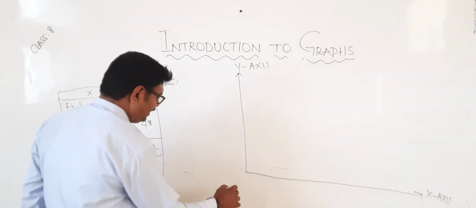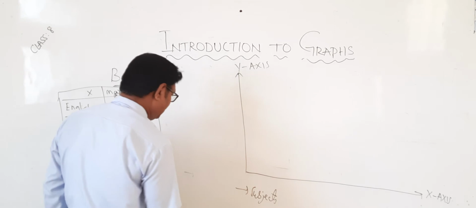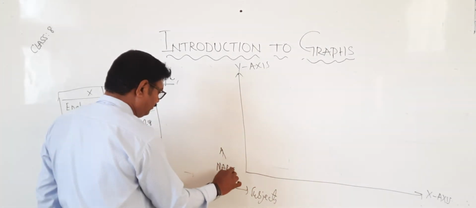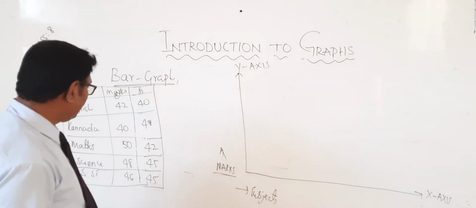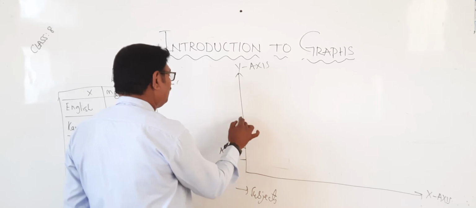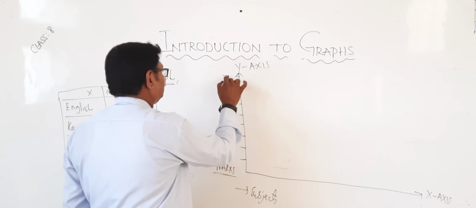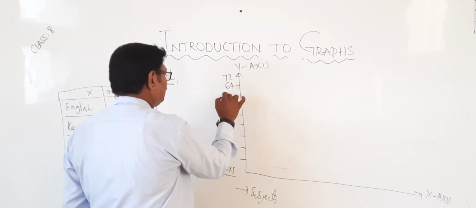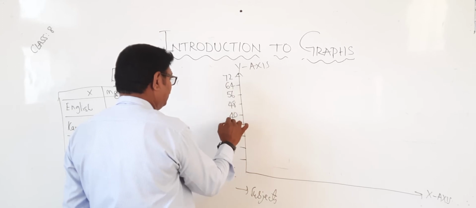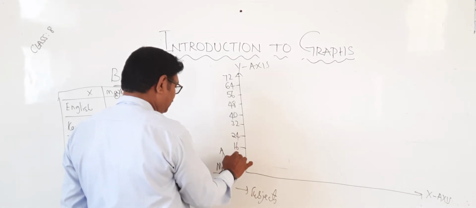Now here subjects, and here marks. The marks scale is the same, so directly 1, 2, 3, 4, 5, 6, 7, 8, 9: 72, 64, 56, 48, 40, 32, 24.